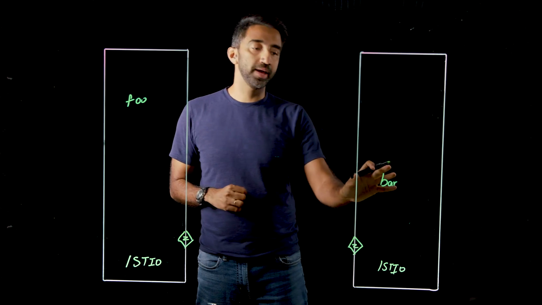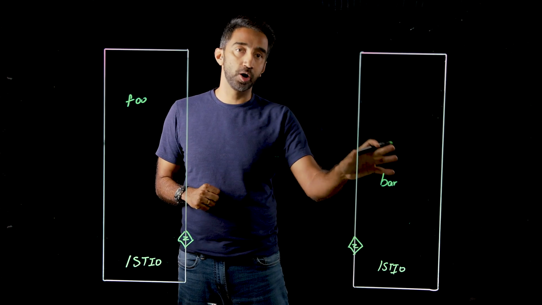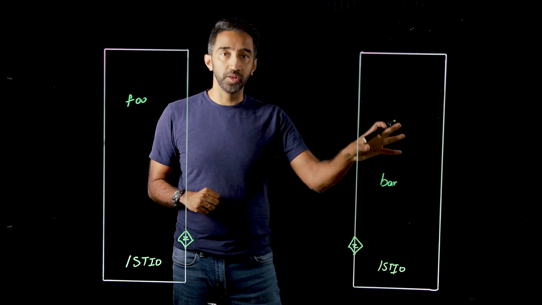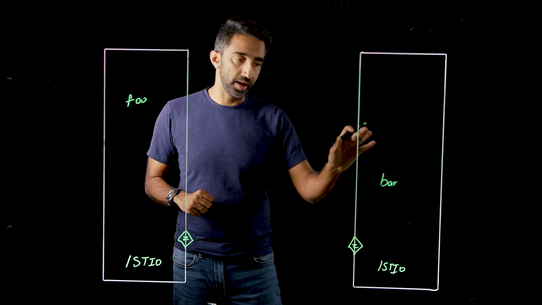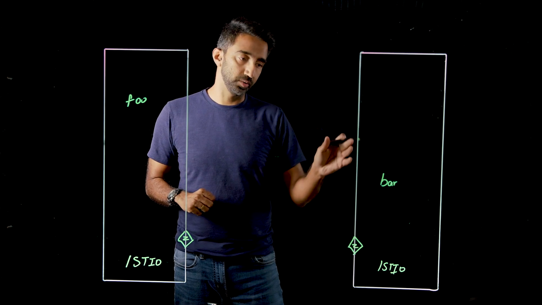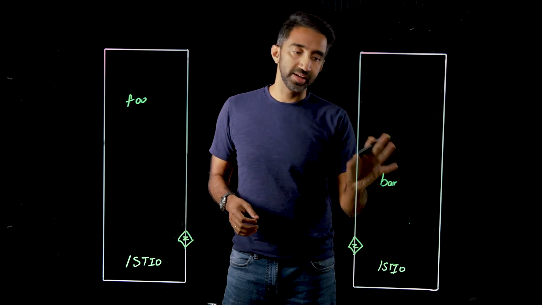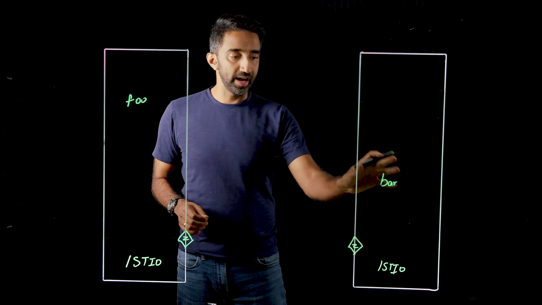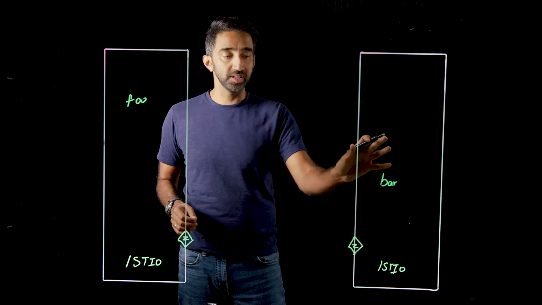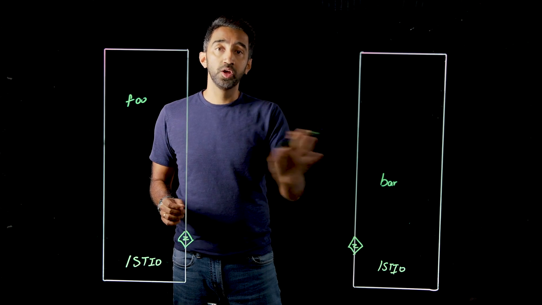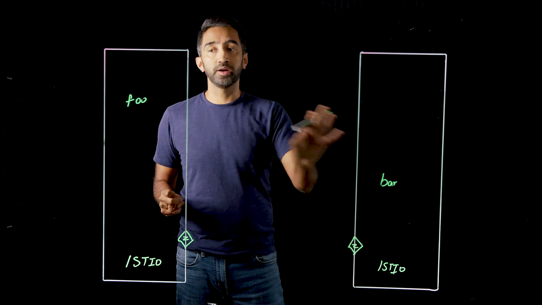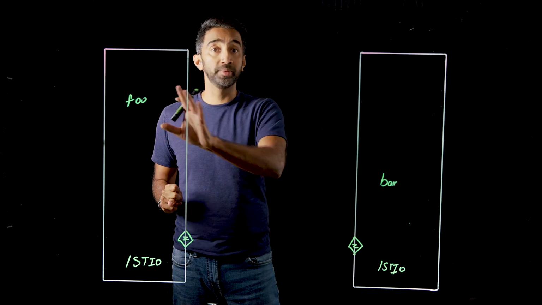They can do that by simply labeling the bar service using a well-known label to say that they want to expose it. The first label we're going to talk about is called global. If they mark it as global, what that allows you to do from other clusters is call bar directly using a Kubernetes hostname.